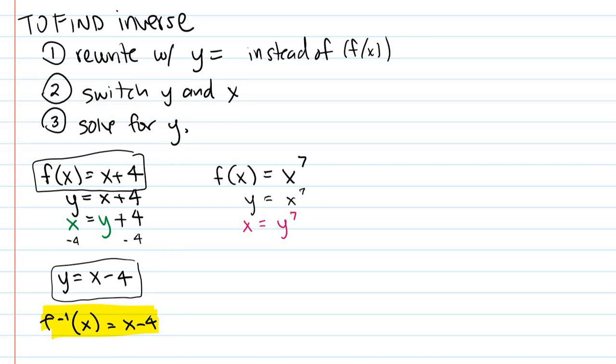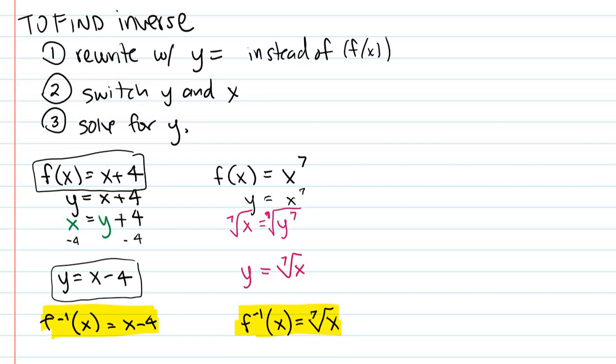You cube rooted it. So we're going to 7th root it, which means we have the root symbol with a little 7 in the index, and we end up getting y equals the 7th root of x. Then we rewrite it with the correct notation, f negative 1 of x equals the 7th root of x, and that would be the inverse.